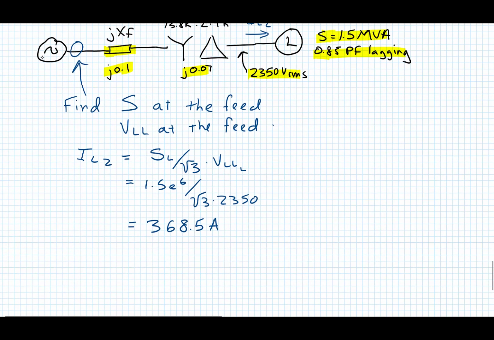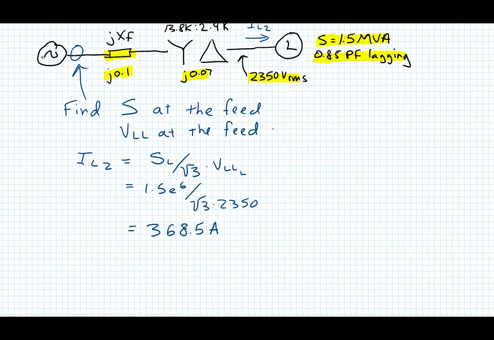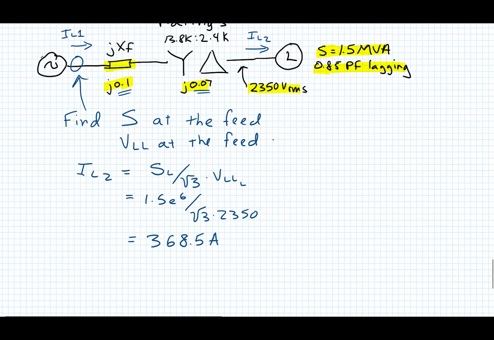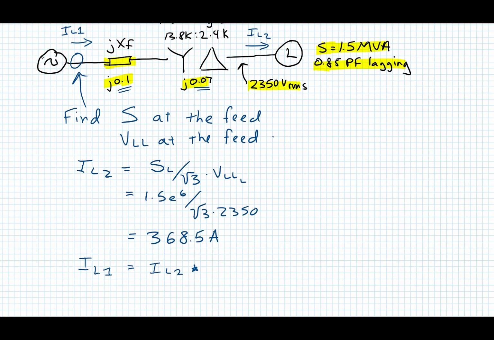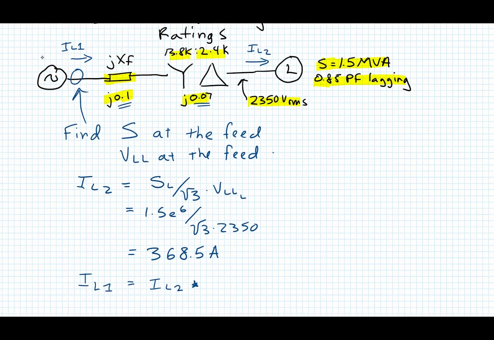Now we know that there's no branch impedances given. These are all series impedances here. So we can actually find the current coming from the feeder on the other side quite easily. I line 1 is going to be equal to I line 2 times what we explained was our virtual line to neutral turns ratio, which, for current, would be the inverse ratio of the input and output line to line voltages.